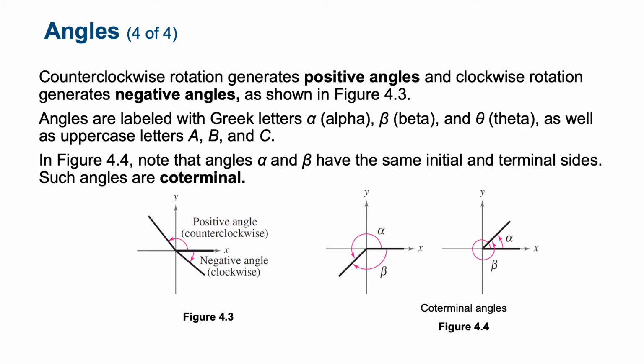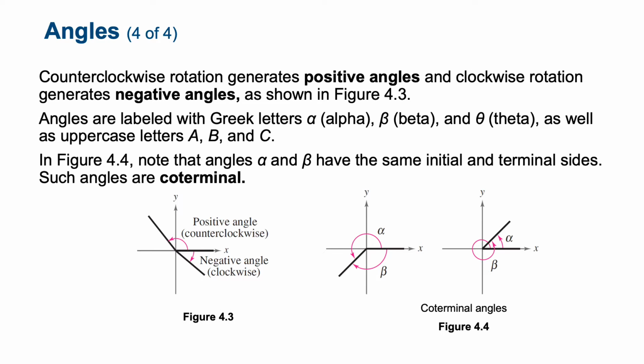So let's say here you have alpha and beta. Angles are usually labeled with Greek letters like alpha, beta, theta, and uppercase letters A, B, C. Note that alpha and beta in this figure have the same initial and terminal sides, but they're different angles depending on how you look at it.